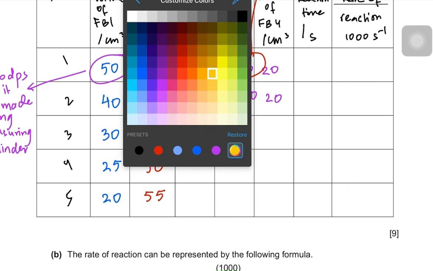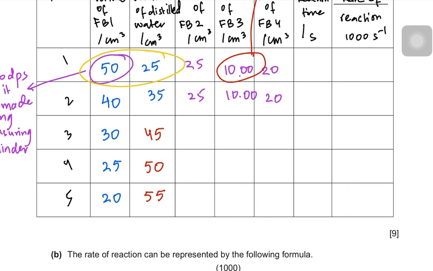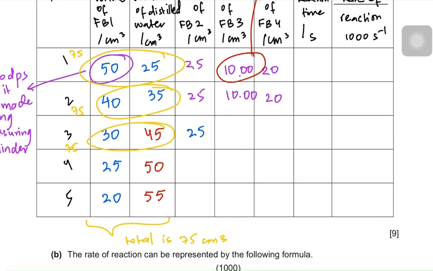You can see that in the first experiment the total volume was 75 cm³. In the second experiment, it's again 75 cm³, and so on. So keep that in mind. Total volume is 75 cm³ from FB1 and distilled water. The other values are all the same because we are not changing the other volumes of chemicals.